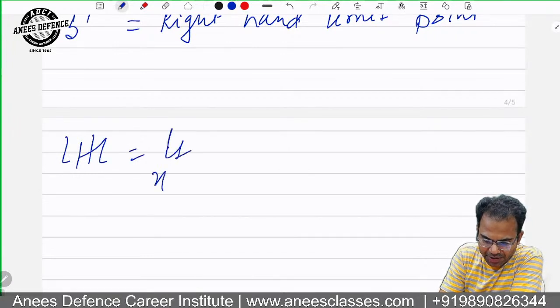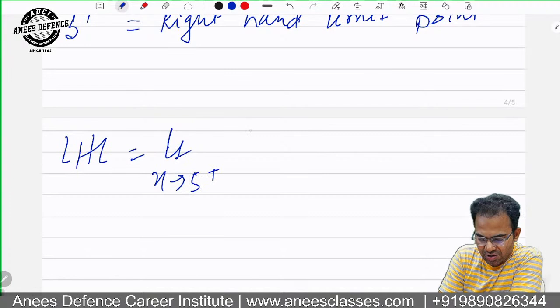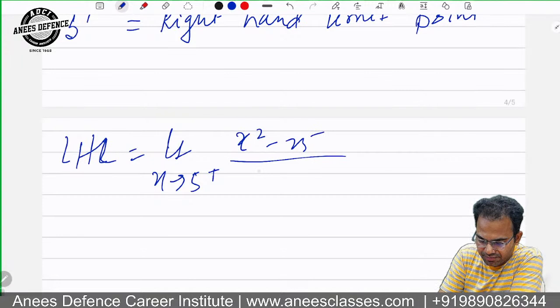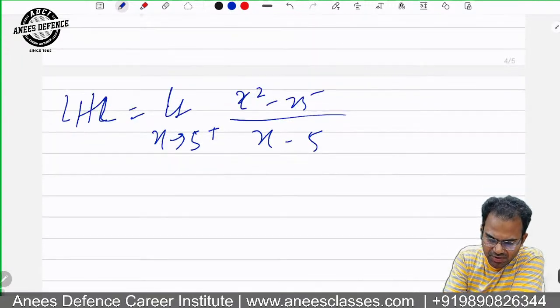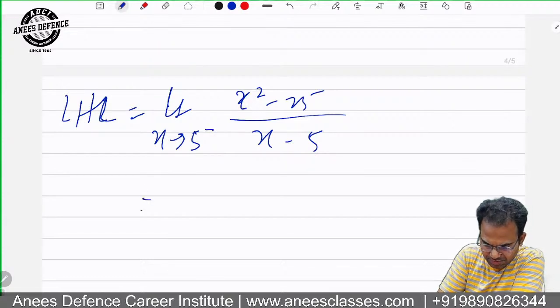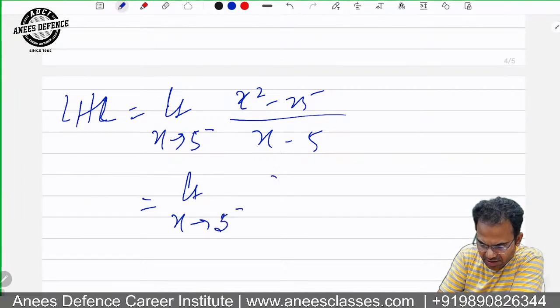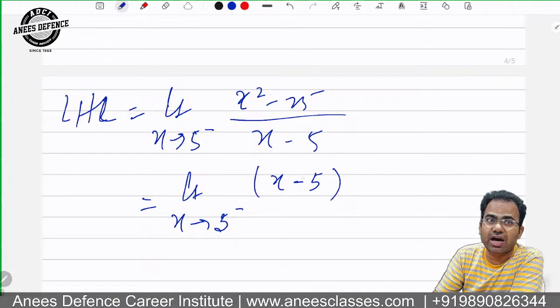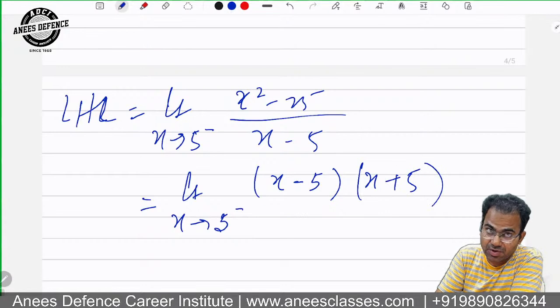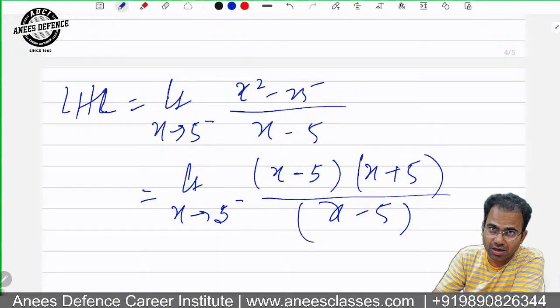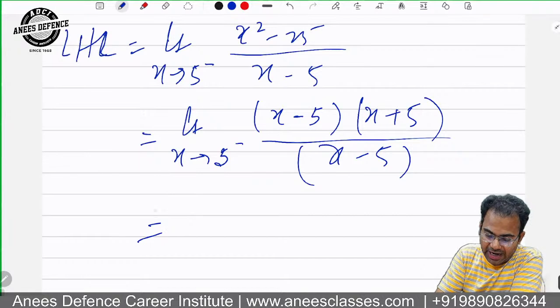LHL means x tends to 5 minus of (x square minus 25) upon (x minus 5). a square minus b square factors as (a minus b)(a plus b), upon x minus 5, at 5 minus.